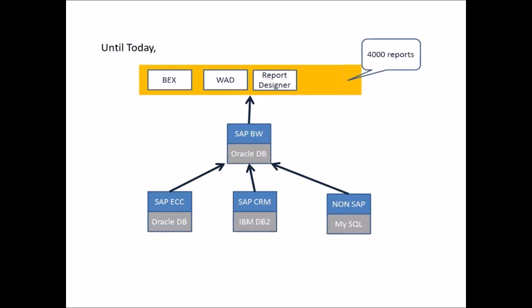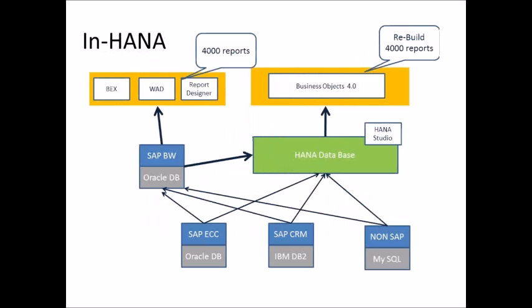Now what do we have till today? Wherever the data might be, we used to load data into BW and expose some BEx reports to the users, a data warehousing solution, as I was talking about. But once HANA came into the picture, what kind of solutions did we start delivering? Wherever the data might be, load it into HANA and expose it via Business Objects to the users.